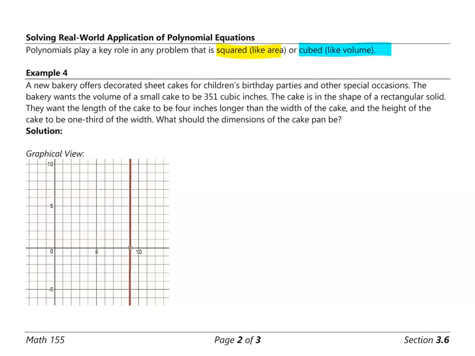The bakery wants the volume of a small cake to be 351 cubic inches. The cake is in the shape of a rectangular solid. They want the length of the cake to be 4 inches longer than the width of the cake and the height of the cake to be 1/3 of the width. And then what should the dimensions of the cake pan be?